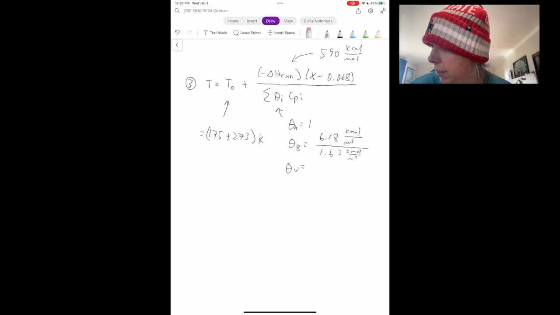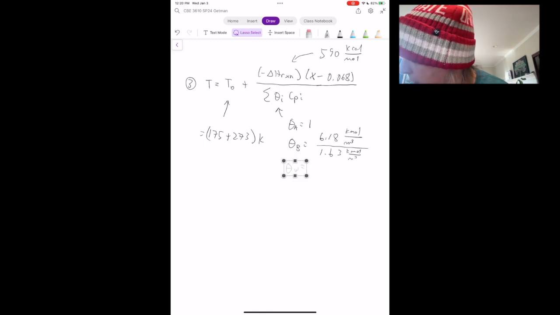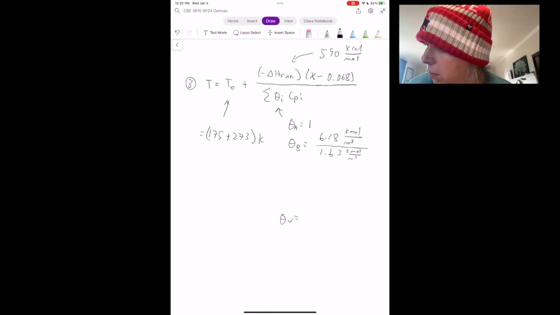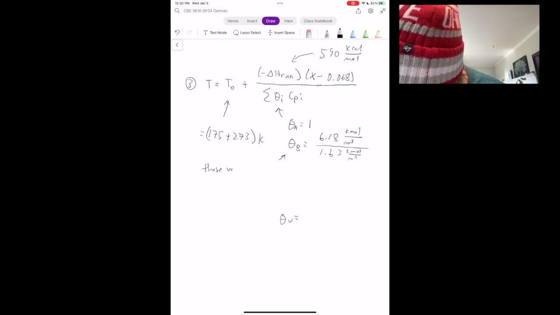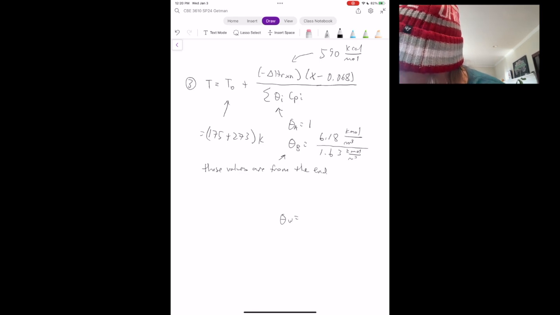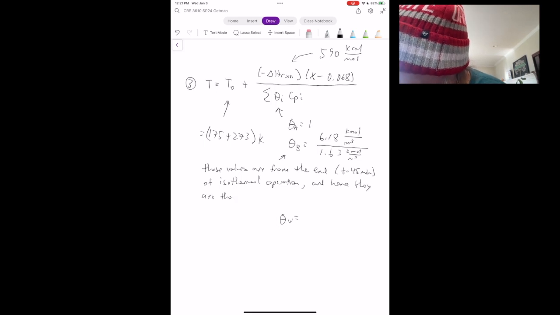Let me make a note here. We'll say these values are from the end, so t equals 45 minutes of isothermal operation, and hence they are the initial values of adiabatic operation.